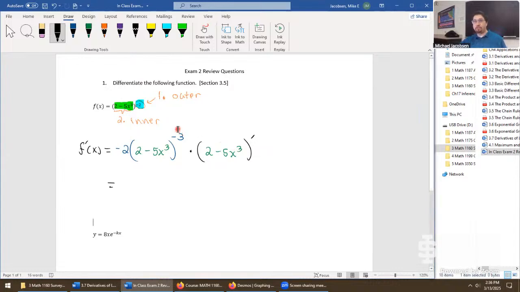I believe the power -3 is just what it is, so I'm focusing less on the algebra, more on just cranking out the derivative correctly. So I'm going to write -2, 2 minus 5x cubed, power -3 is totally fine unless we had a specific reason to move it down. And this derivative is still kind of tricky because first, it's the constant rule. That derivative is 0.